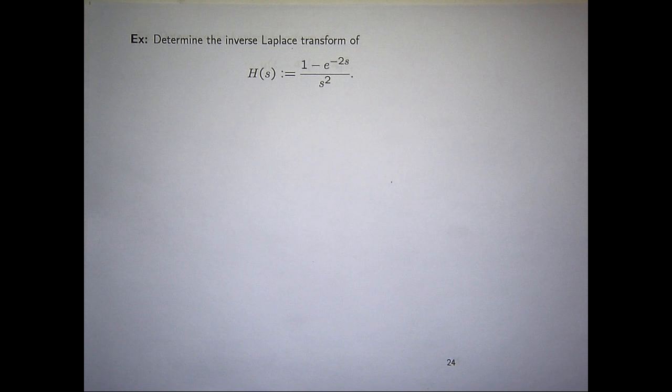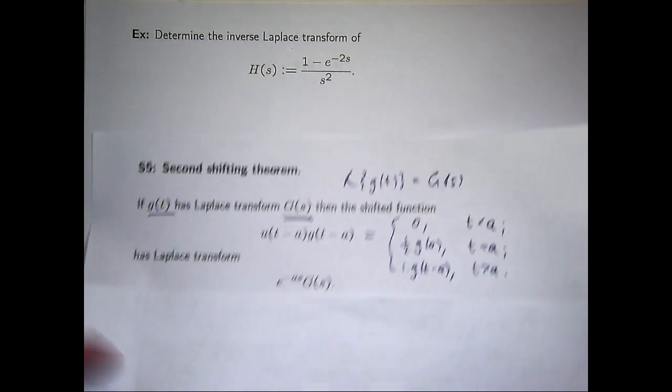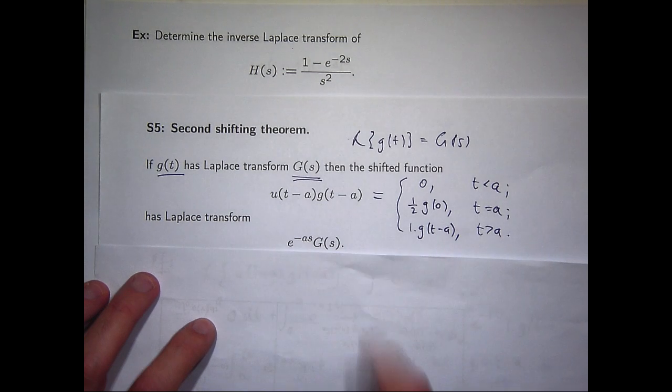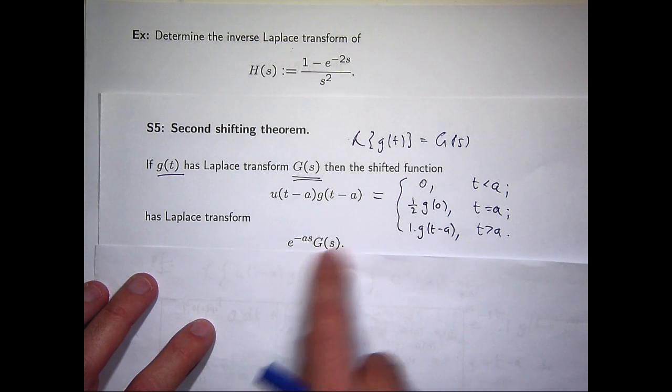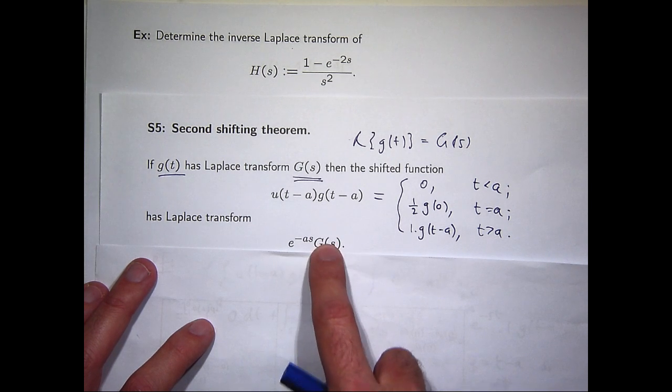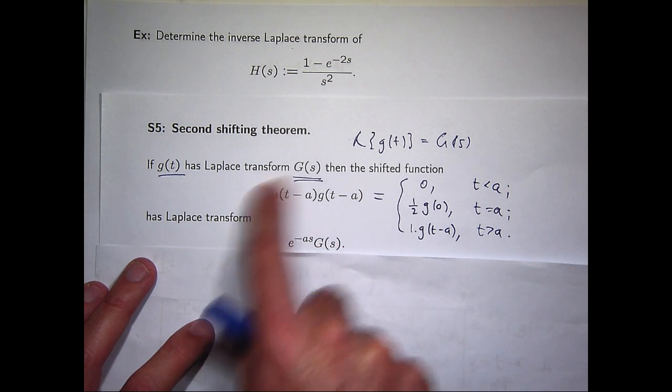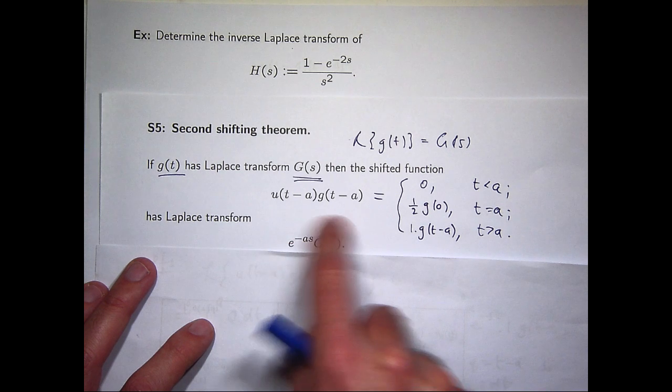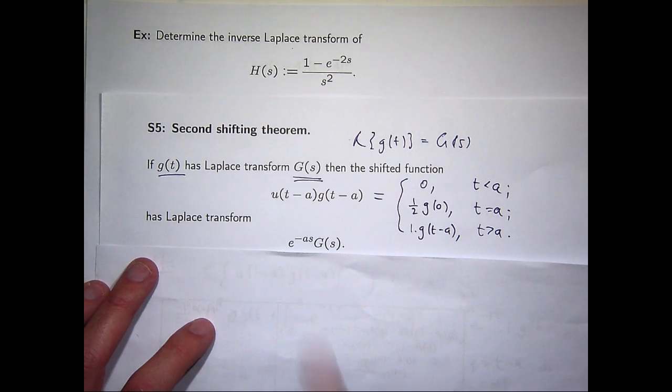Now, of course, the second shifting theorem goes the other way. If I have some sort of function of S like this, and I want to calculate the inverse, I can go up here. So the inverse transform of this must be of this form.